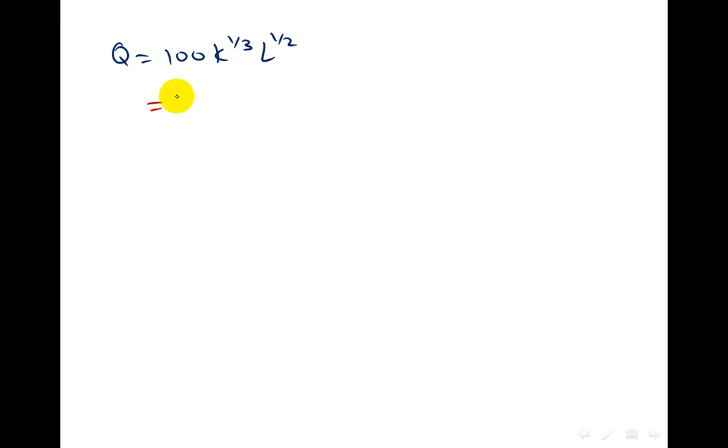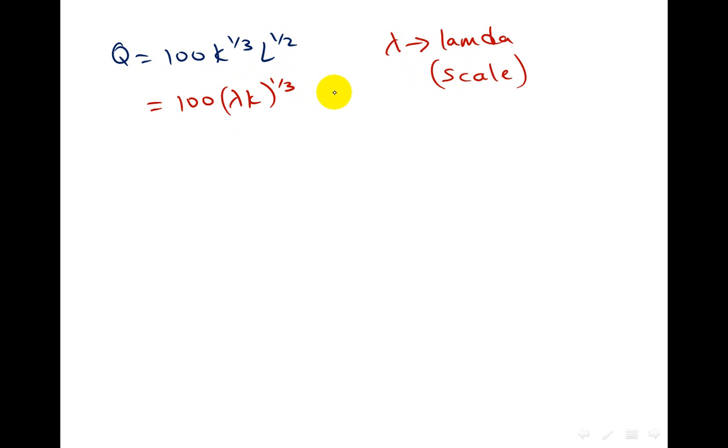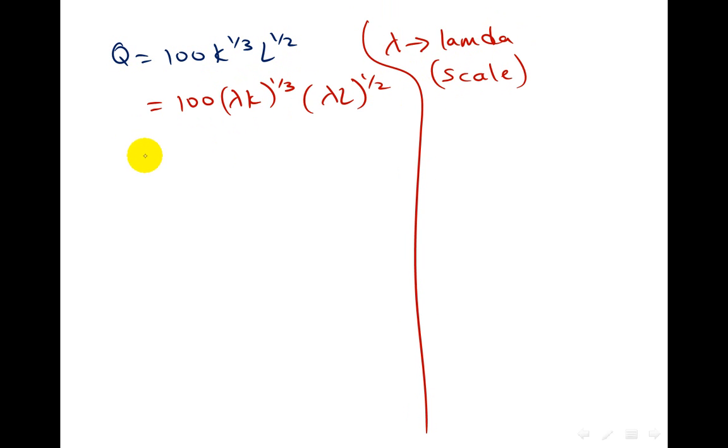So instead of using numbers, just use a lambda. Let's say that lambda is the scale of increasing this firm's input. So lambda times k and lambda times L, this is my scale. So I'll do the same thing here, take the 100 and distribute this 1/3 for lambda and for k.